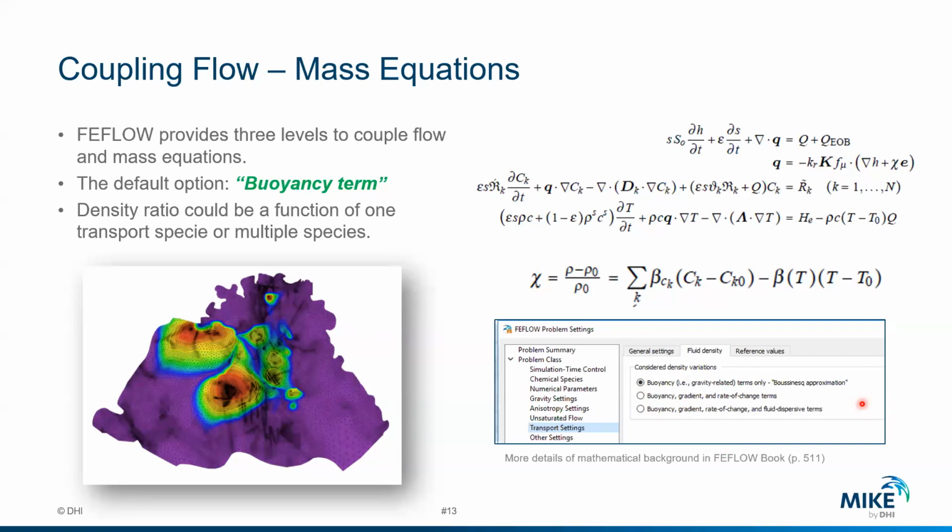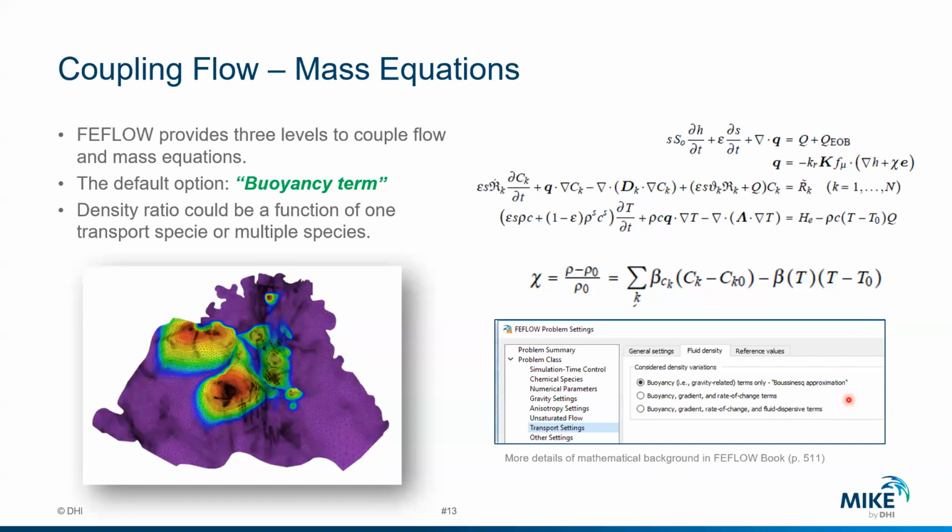But you can also have gradient or rate of change terms, or the full expansion, so gradient and rate of change of fluid dispersive terms. I'm going to focus most of the presentation on the first one because it's the most commonly used. If you're interested in the other two topics, you can send me an email, or I recommend you take a look at the FEFLOW book and the FEFLOW white papers.